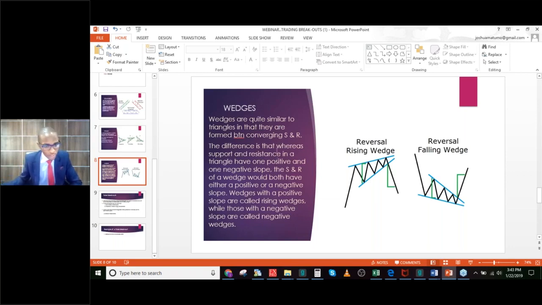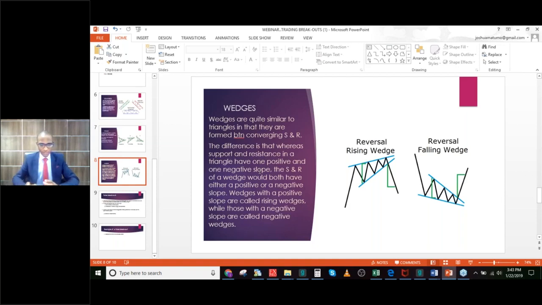The difference is that whereas support and resistance in a triangle have one positive and one negative slope, the support and resistance of a wedge would both have either a positive or a negative slope. Wedges with a positive slope are called rising wedges, whereas those with a negative slope are called falling wedges.